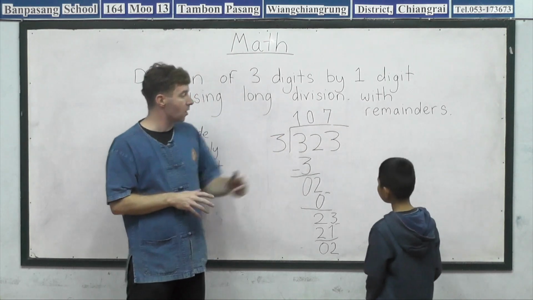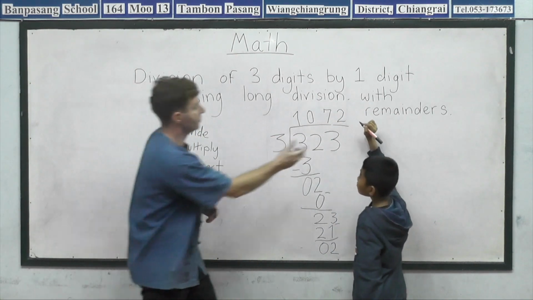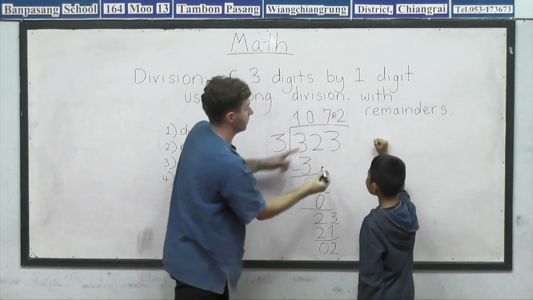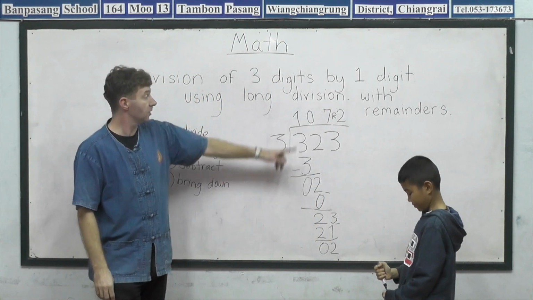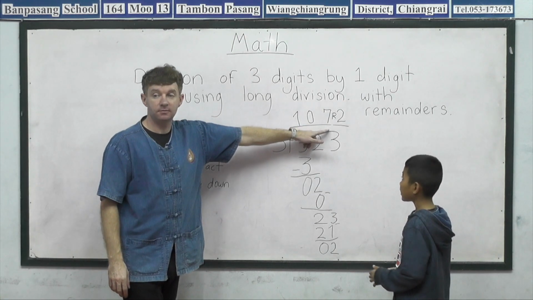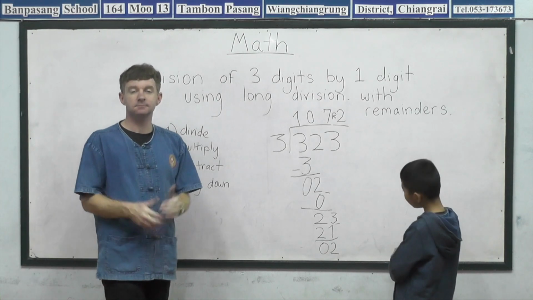So can we write R2? We need to write R first to show that it's a remainder. There you go, like that. R for remainder, okay? So we have our answer. 107 remainder 2. Excellent, guys.